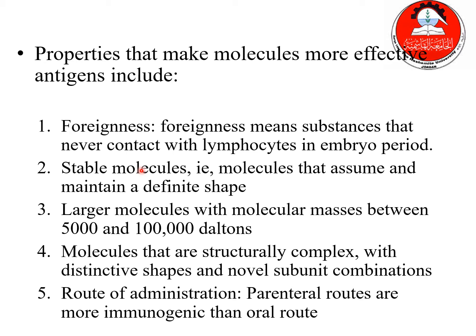If the molecule is complex with a distinctive shape and has subunit combinations, each of these subunits might serve as an antigen. Route of administration. Usually molecules administered parenterally through the IV route are more immunogenic than molecules which are administered orally. So these are the 5 properties which make any molecule a more effective antigen.